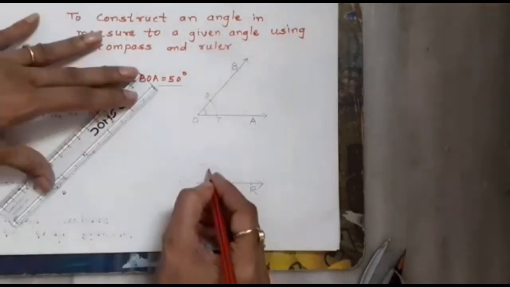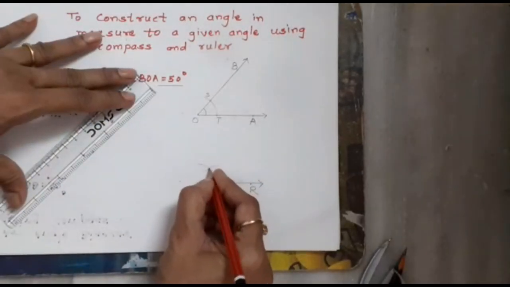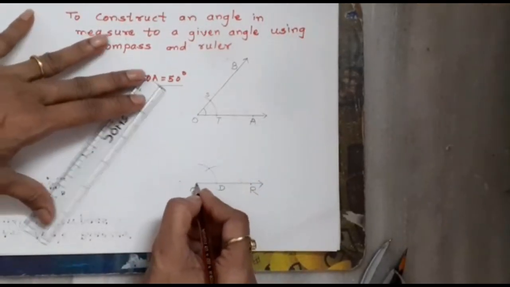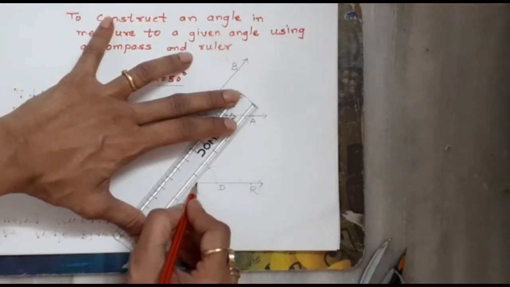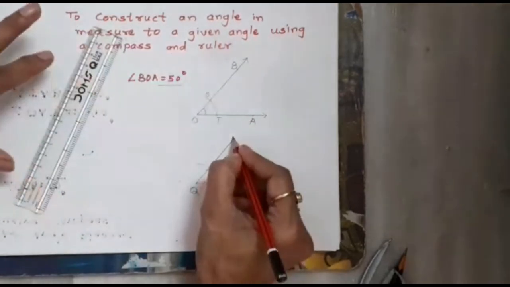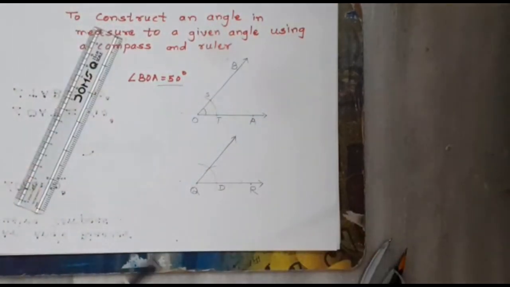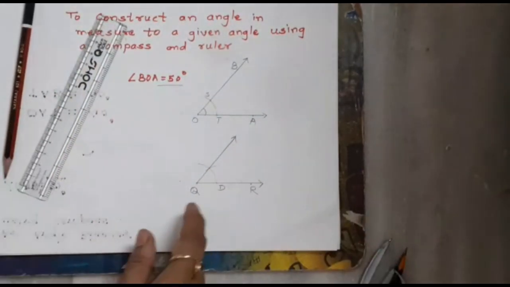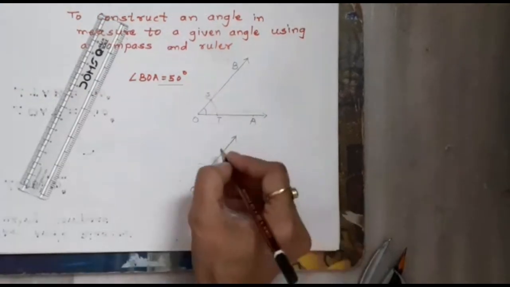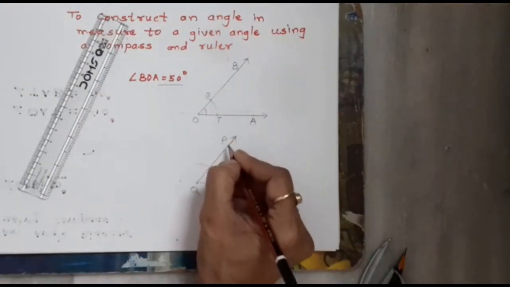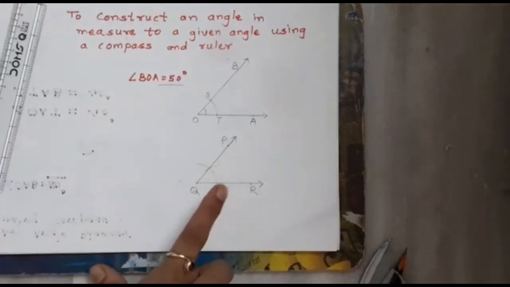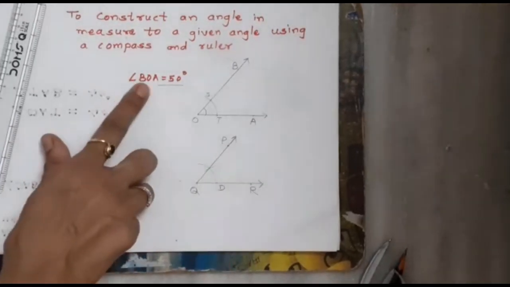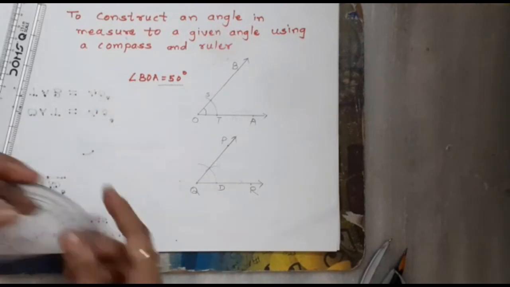Now the point of intersection and this Q, join it with the help of a ruler. So this is the angle. I name it P. So PQR is the angle which is the same as angle BOA.